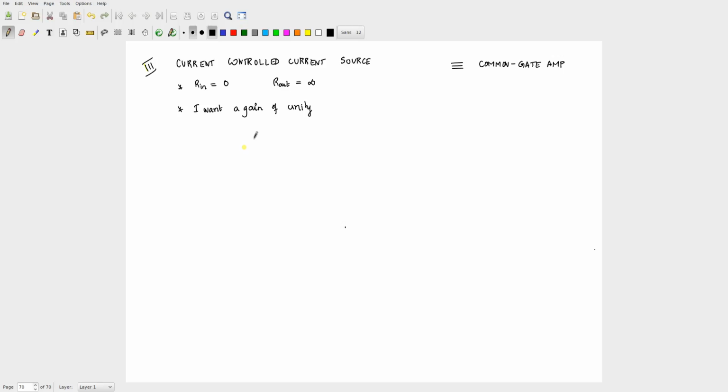The two-port representation of this circuit would basically be that this is some current I1, correct, and I need to have a current source, and the current source should be what? It should just be I1 itself, so this is essentially what we are looking for, correct?